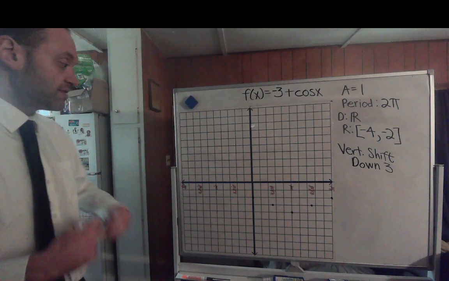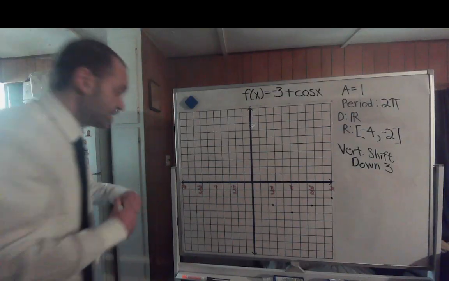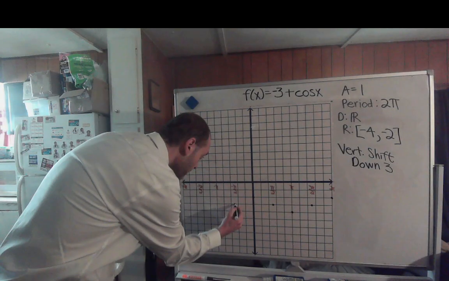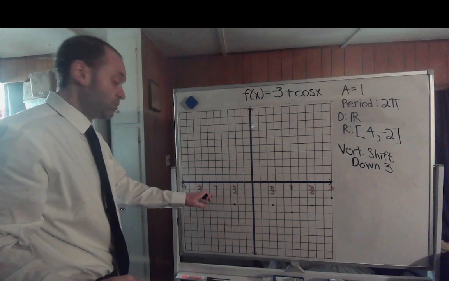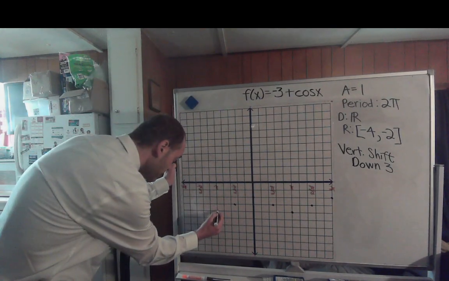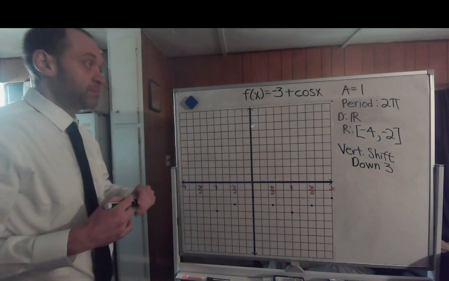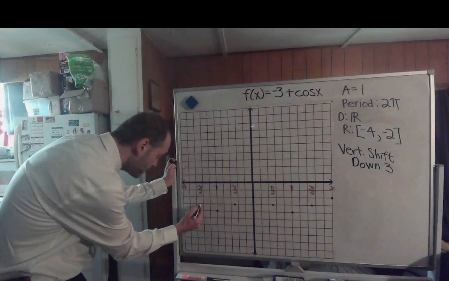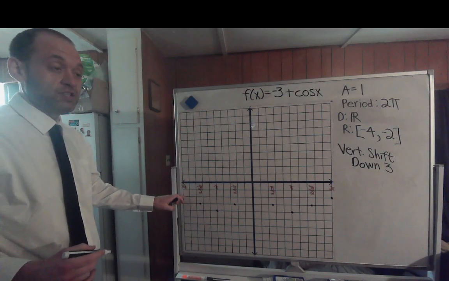Alright, cosine of -pi over 2 is normally going to be 0. Add -3 to that, you'll end up getting -3. Cosine of -pi is normally -1. Add -3 to that, you'll get -4. Cosine of -3 pi over 2 is normally 0. Add -3 to that, you'll get -3. Cosine of -2 pi is normally going to be +1.